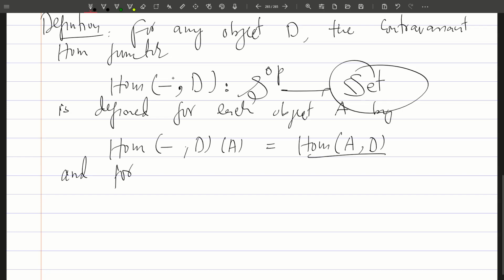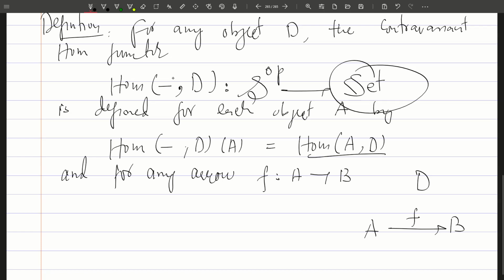And for any arrow, say f from A to B. Now here the case is like this. So we have object D here, we have object A, object B, and a morphism f.